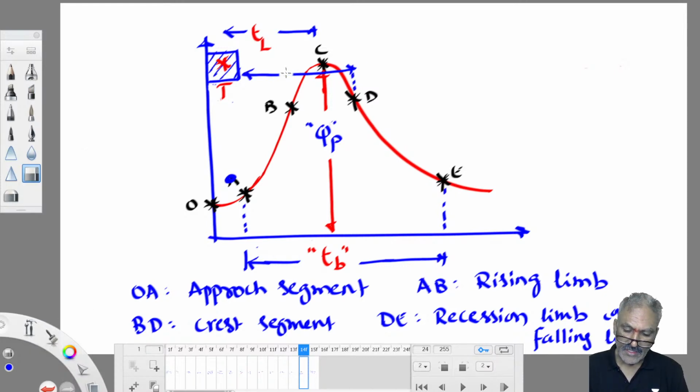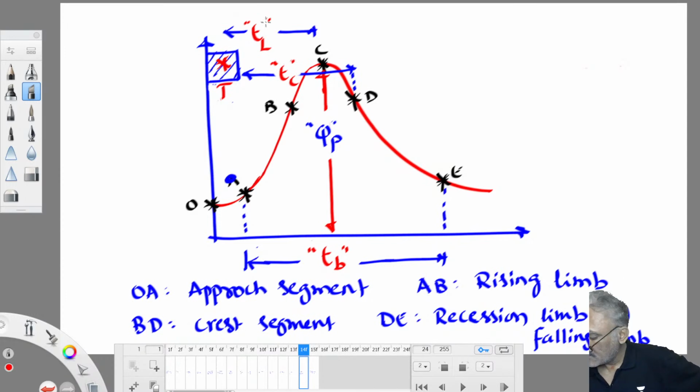These questions are asked in the GATE exam. A diagram is typically given and you are asked to identify where the time of concentration is. Numbers are given in hours. So nothing but this is time of concentration. Time of concentration means what?